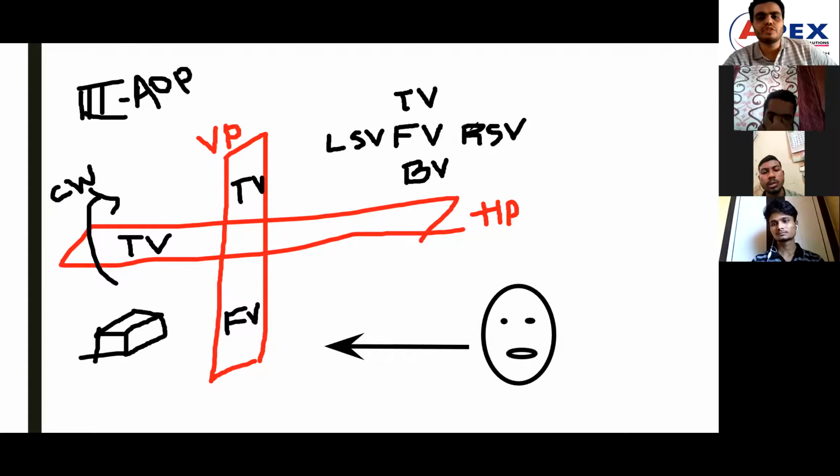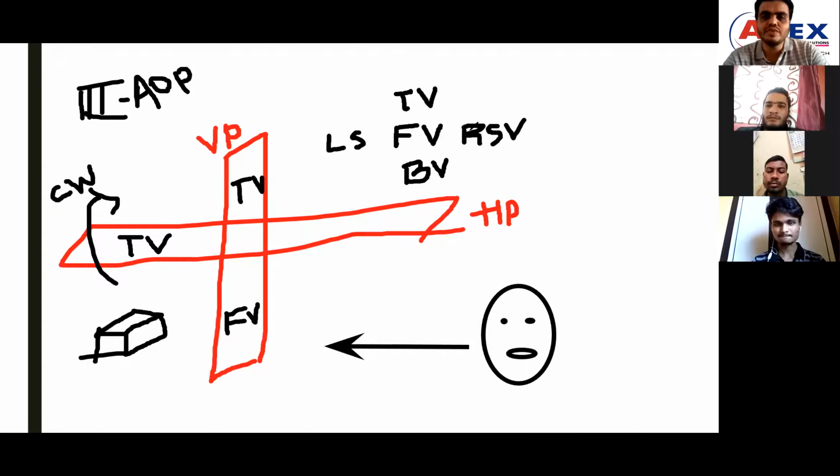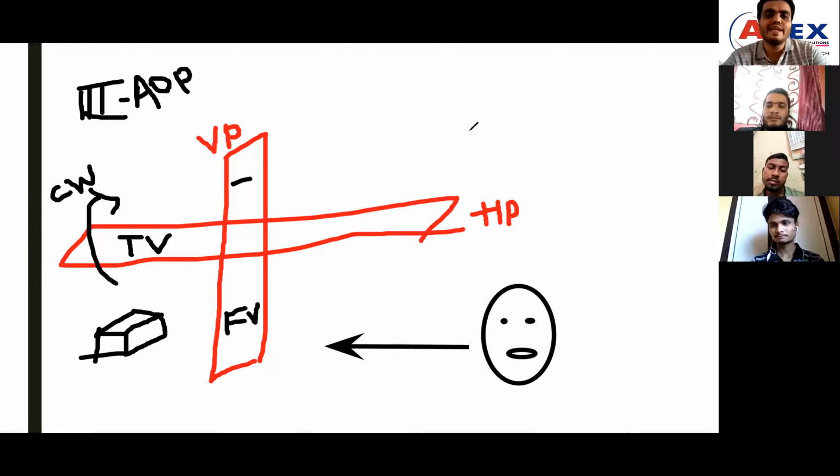In third angle of projection, the top view will be in the top side, the bottom view in the bottom side, the right in the right side, and the left in the left side itself. Got it? So this is very important. Now next we'll see why we are not using second and fourth angle of projection.